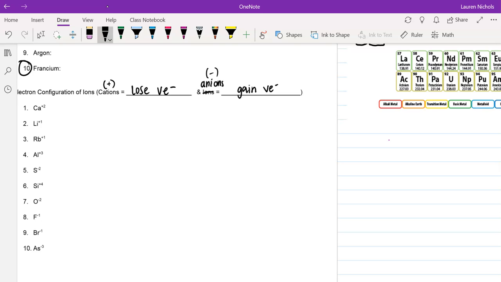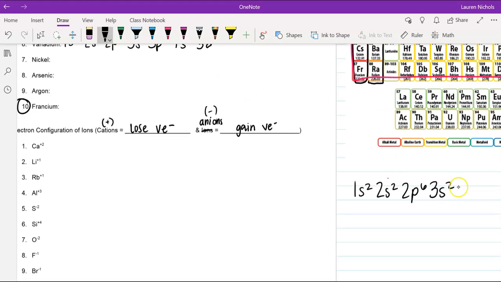When we look at calcium, calcium normally has an electron configuration of 1s2, 2s2, 2p6, 3s2, 3p6, 4s2.